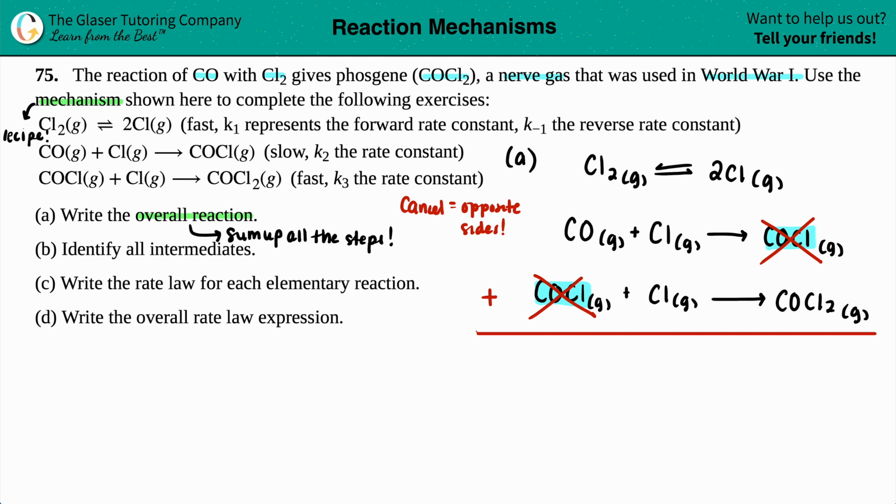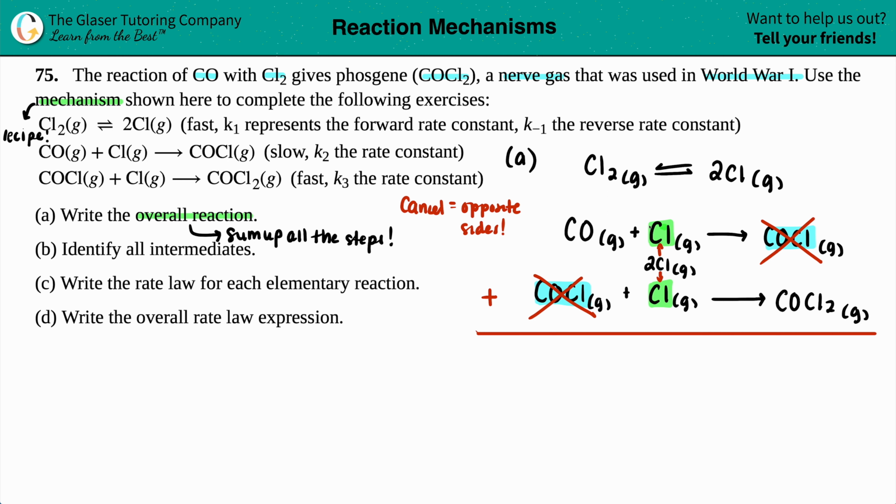So let's see. Anything else that I see? Well, I see that I have just a Cl on the left side, and I have another Cl that's just on the left side. These are identical. Now these are on the same side. They're both on the left side of the yield sign. So collectively, these equal 2 Cl gases, right?